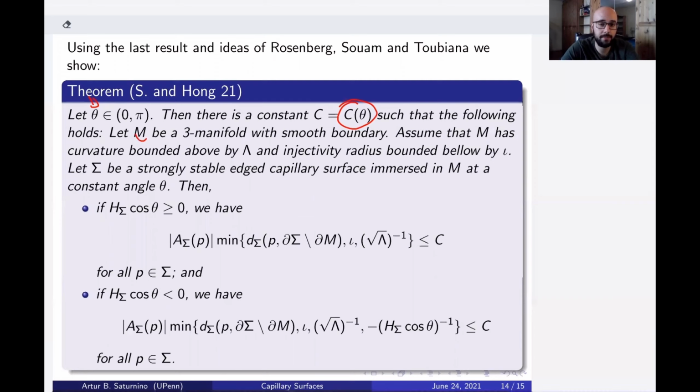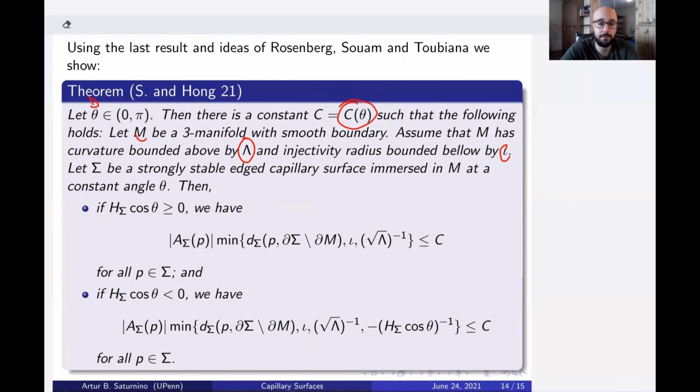Whenever M is a three-manifold with smooth boundary, and we assume that M has curvature bounded above by lambda and injectivity radius bounded below by iota.